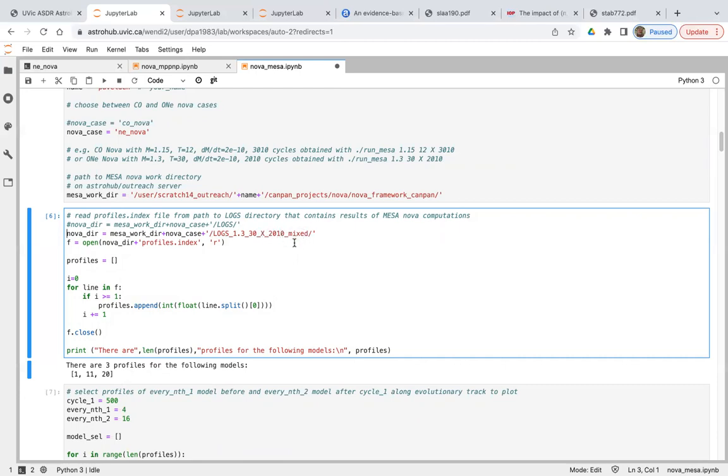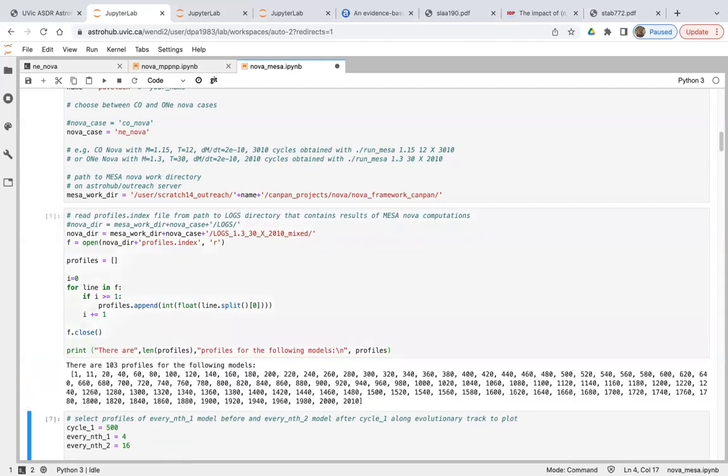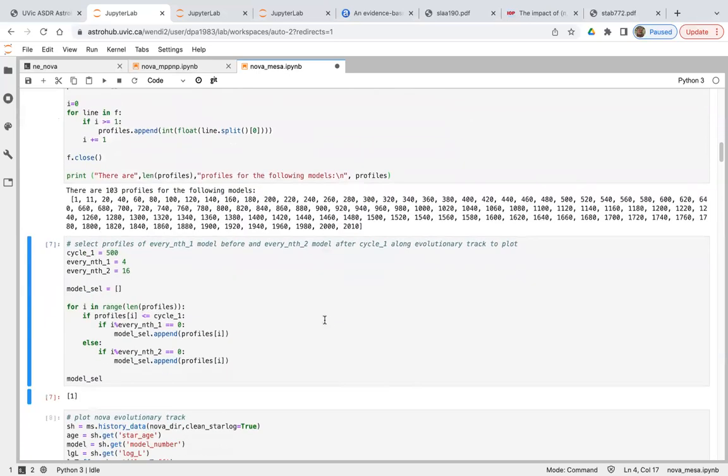Mixed here means I assumed that the accreted material was pre-mixed. It has 50% solar composition and 50% underlying white dwarf. So I'm going to pick up these results so that we can make meaningful plots. Now you can see there are a lot of models, up to 2010.